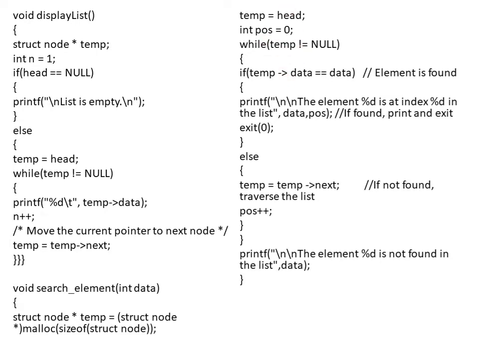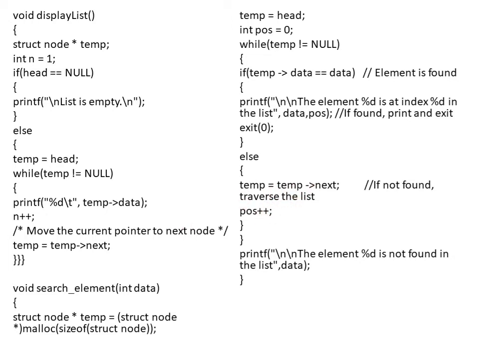When temp is not null, if temp of data equals the data, the element is found. Then it will print the message with the data and the position where the element is. If it is not equal to the data, then it will move to temp of next, and it will travel the list, incrementing the position.